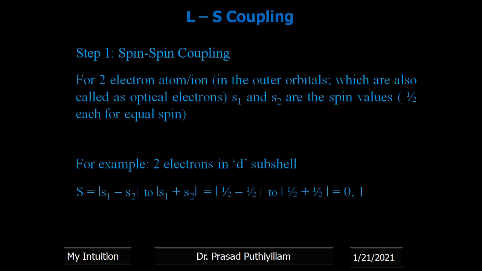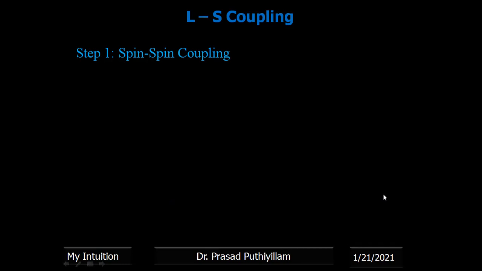For example, if two electrons are there in the d subshell, the spin coupling can be calculated as s1 minus s2 to s1 plus s2. That means half minus half to half plus half, that is 0 and 1. So we get the coupled values as 0 and 1 for a two electron system.